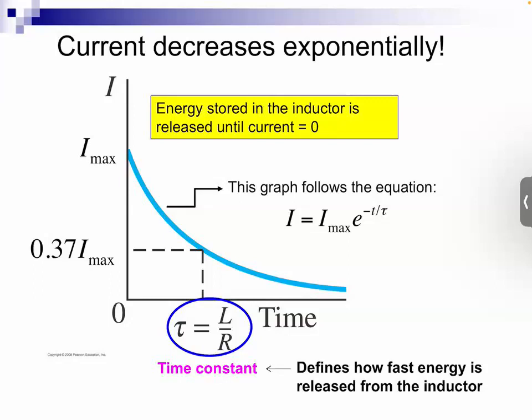If you draw parallels with the capacitor, it's a similar concept to the discharging of the capacitor, where the charge stored in the capacitor decreases exponentially until it reaches 0, and the time constant tells you how quickly the capacitor discharges. For the inductor, the time constant is the dissipation of energy stored in the inductor, which is related to the decrease in the current in the circuit.